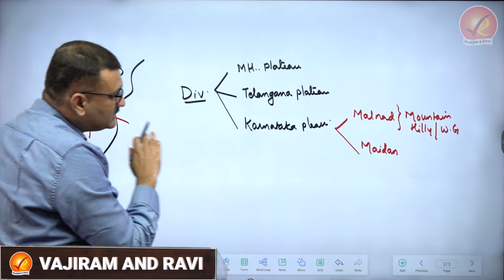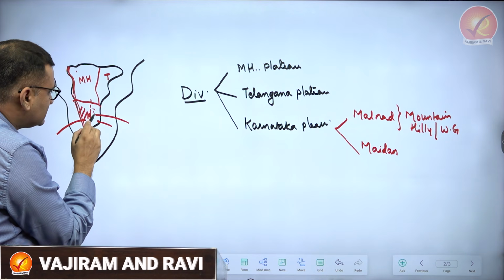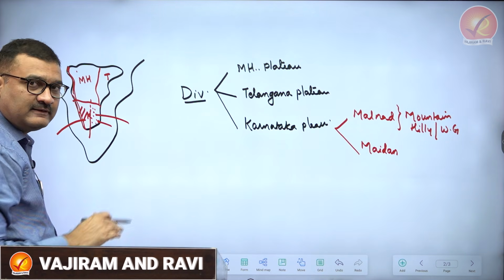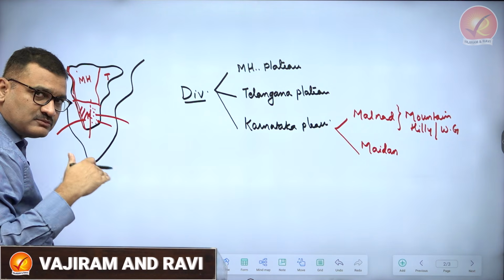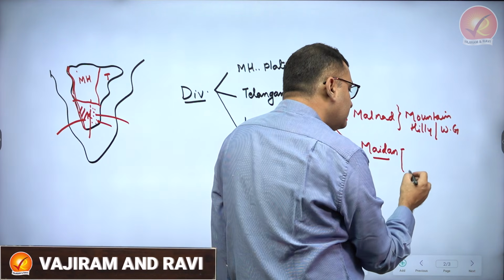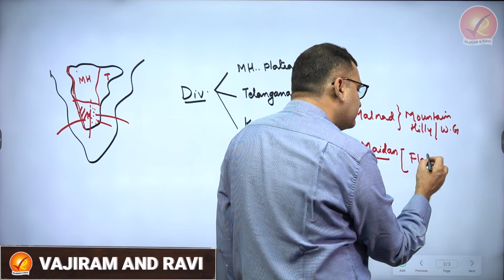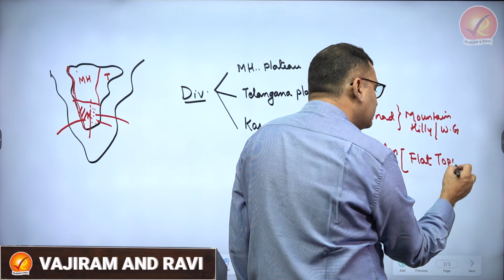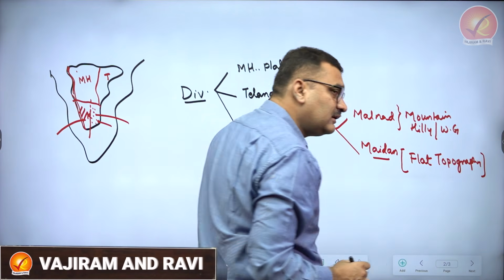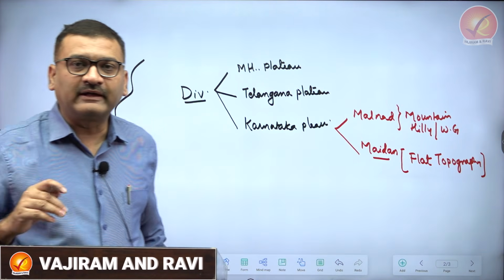While if you move towards the eastern side, here the plateau has become more flat, right? Towards the eastern side, it becomes more flat and low lying. This segment of flat topography is known as Maidan. Maidan is a flat region of Deccan Plateau, right?